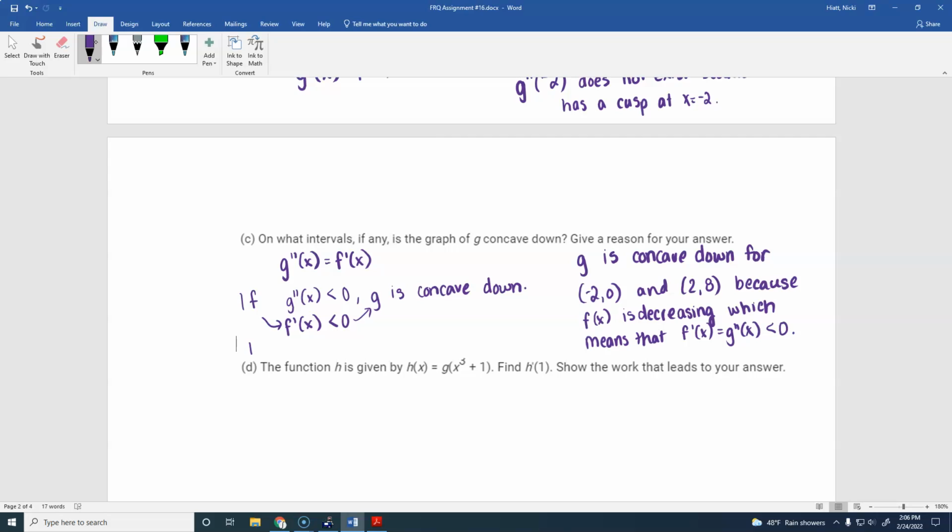I think you could leave off that very last part, the part where I said which means that f prime of x equals g double prime of x is less than 0, as long as you have stated either in part A or part B that g double prime of x equals f prime of x. So that has to be stated somewhere. If you've already stated it in part A or part B, you don't have to restate it in part C.